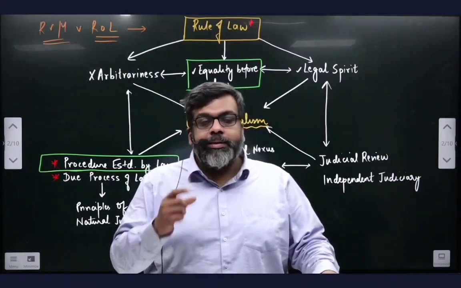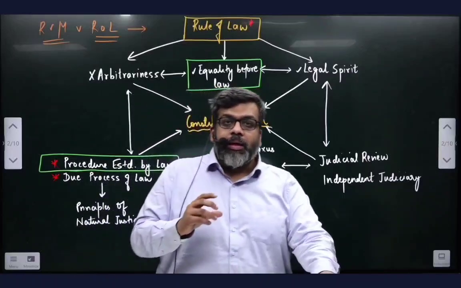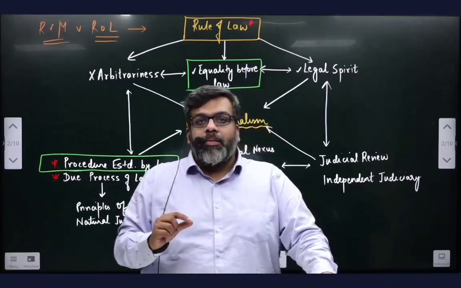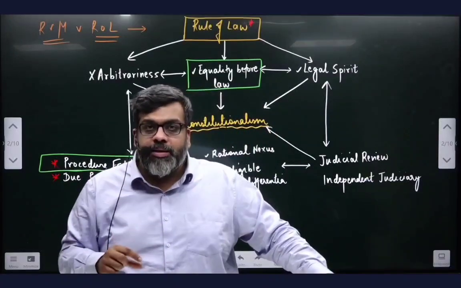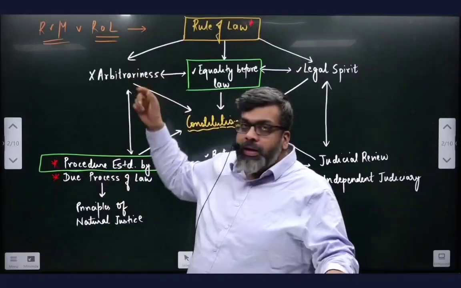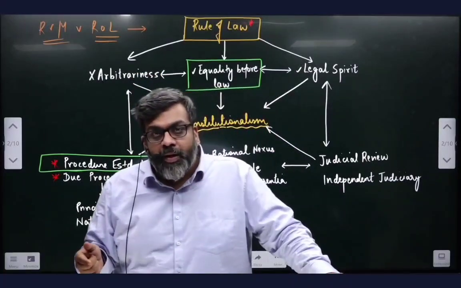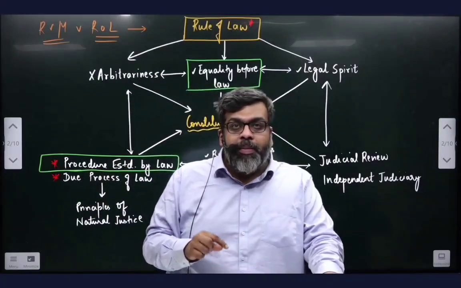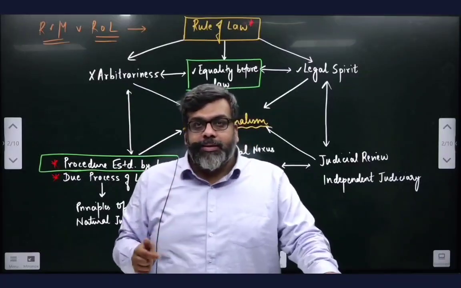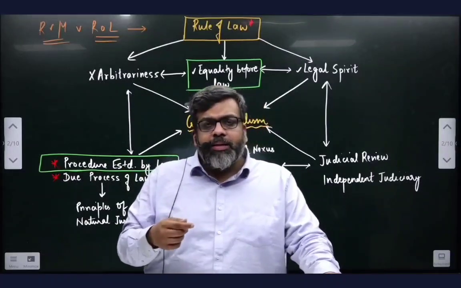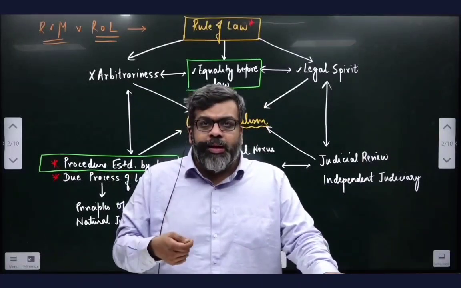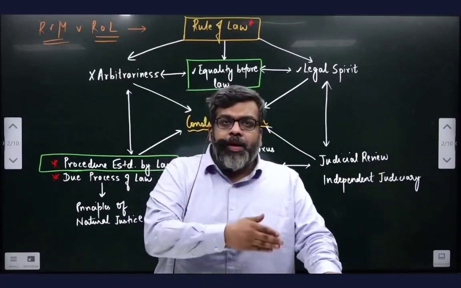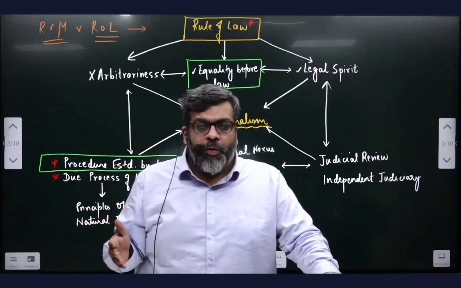And that's a distinct difference. The Latin translation of rule of law is lex rex. The Latin translation of rule of man is rex lex. So every country would effectively be choosing between rule of man and rule of law.